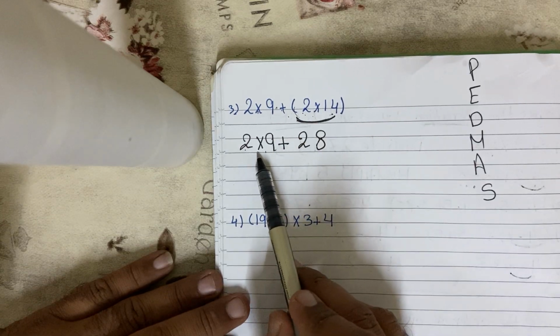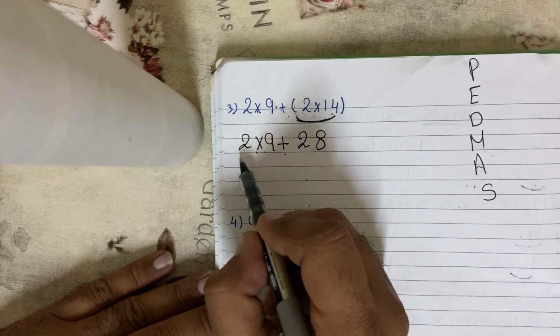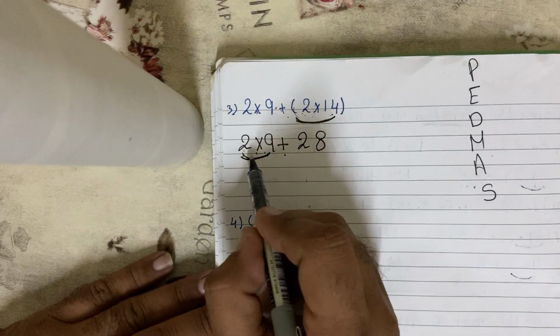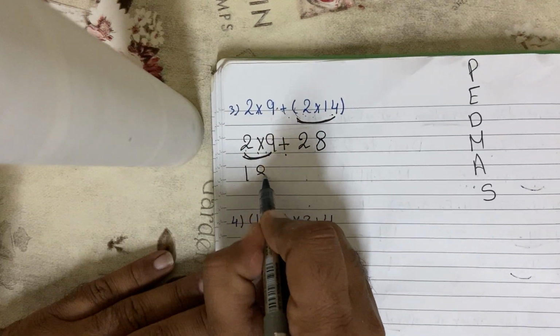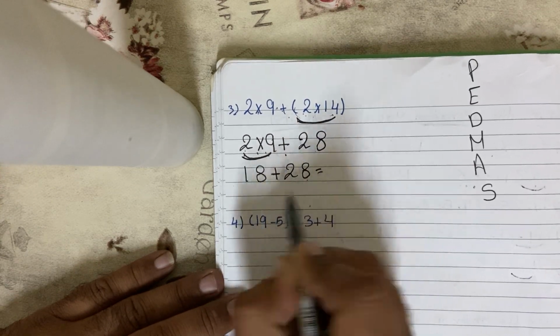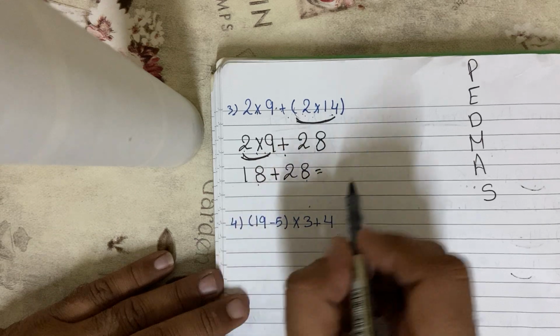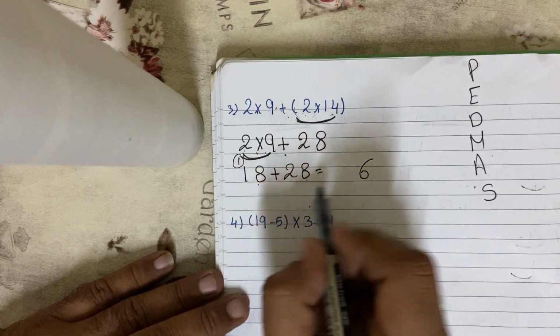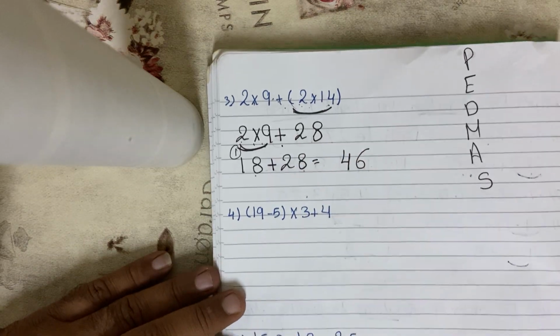We have multiply and plus. Multiply is stronger, so you have to finish the multiply first. 2 times 9, 18, plus 28. Now 18 plus 28: 8 plus 8, 16, 6 carry up 1. 1 plus 1, 2, 2 plus 2, 4.